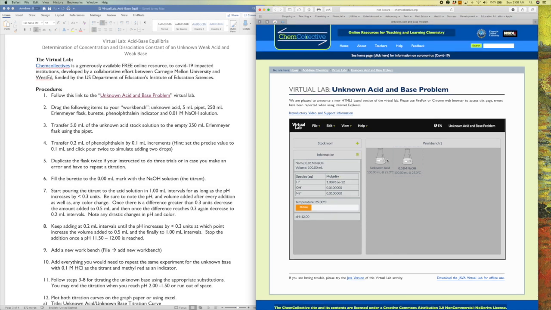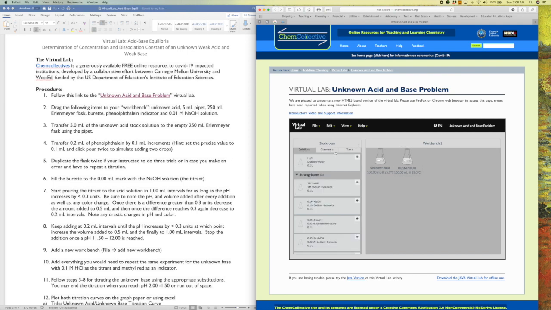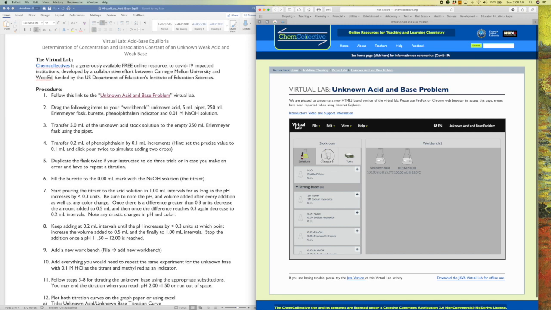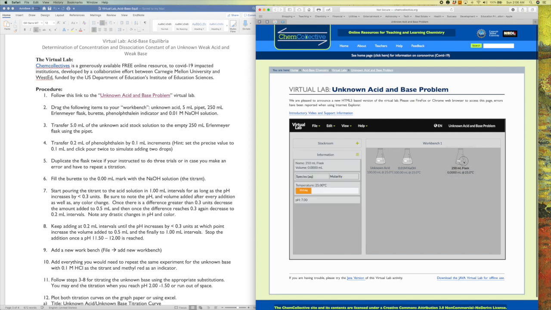And so we have our unknown acid and our titrant, and we need also an empty flask with which to do the titration. An Erlenmeyer flask is the best for that. You see we have three types, and I will take the smallest, the 250 milliliter flask, which should suffice.